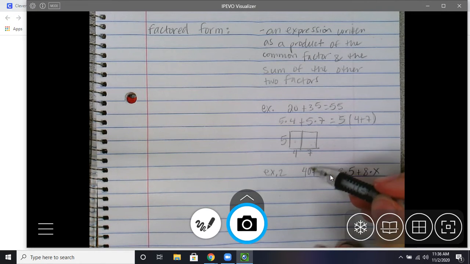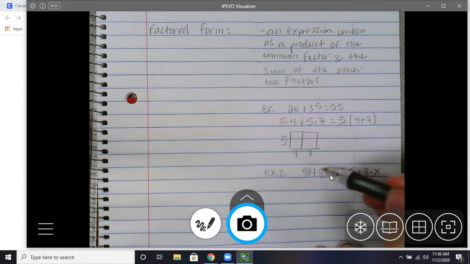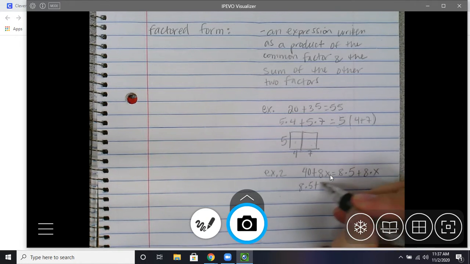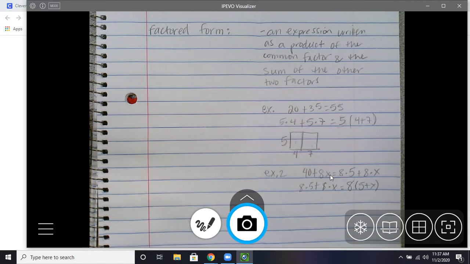When you look at that, you could be like, well, there are different ways to make 40, but there's only one way to make 40 that involves an 8. So you could write it again as 8 times 5 plus 8 times x, which would be number in common times other two factors added together.